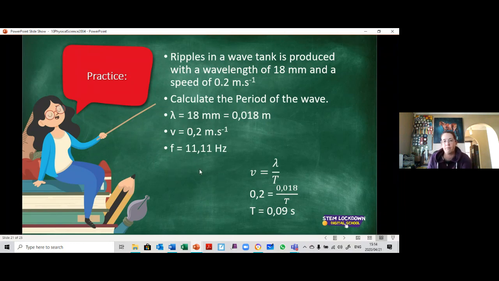We have lambda and wave speed, and we've just calculated frequency. The one I would prefer to use is this one, where I take the frequency I calculated and calculate the period. Why? Because there's less math manipulation involved from substituting to getting an answer.